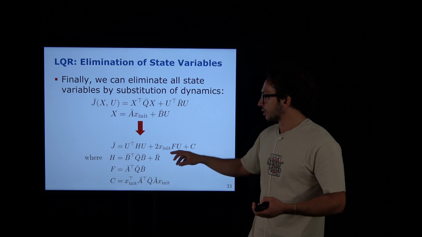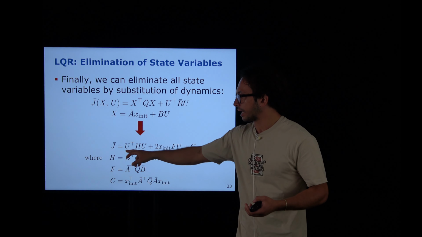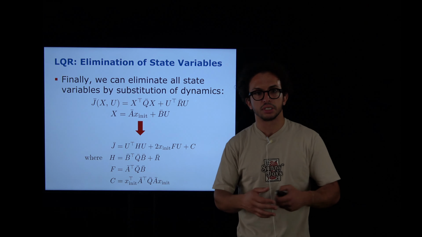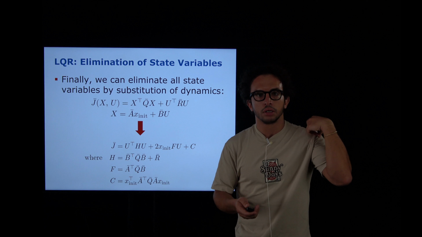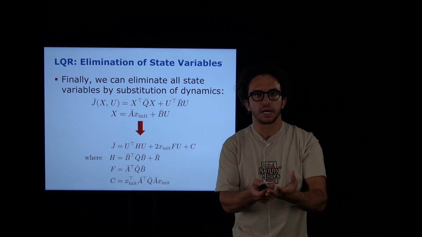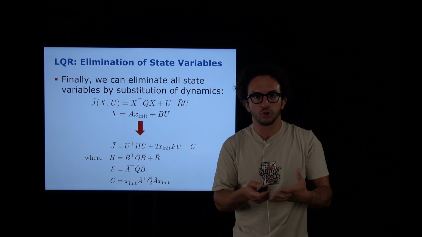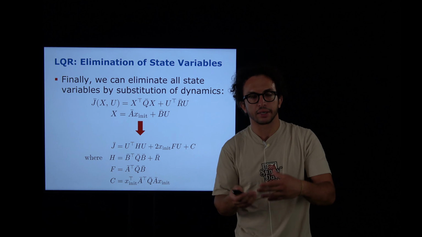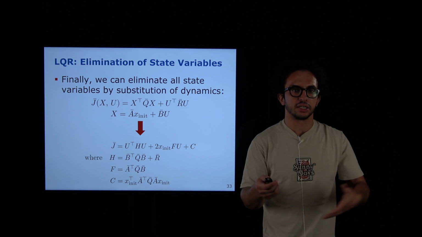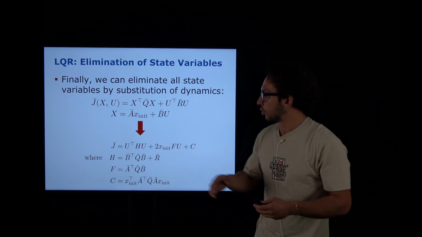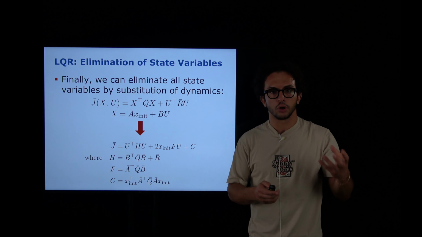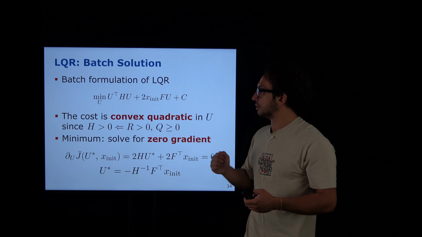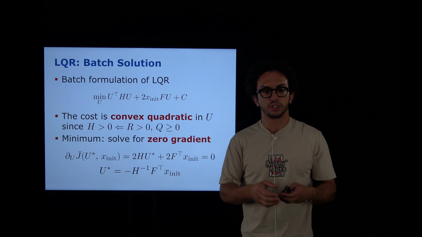So here we have the U here and the U here. And U, the input, is the only thing that we can optimize. The only thing we can optimize and compute the best thing we can do is the control input. We're not controlling the states directly, or like we would like to, but indirectly through the input. So U is our optimization variable. And this is the cost function that we're dealing with.